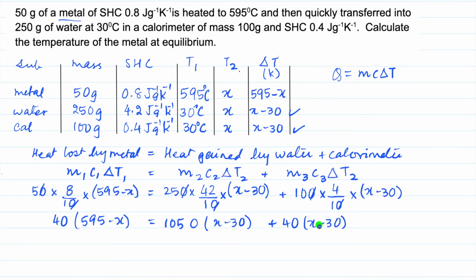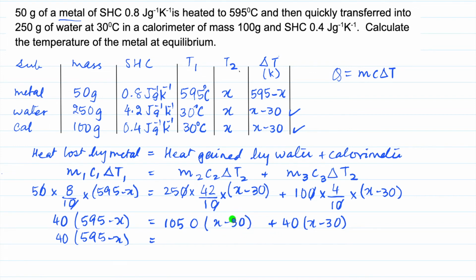Now here there are two ways of solving this. You can either take the whole thing and divide by 10, and then you can add these, or you can write this as 40 into 595 minus x, and that is equal to, now can you see this is 1050 of some quantity plus 40 of the same quantity.